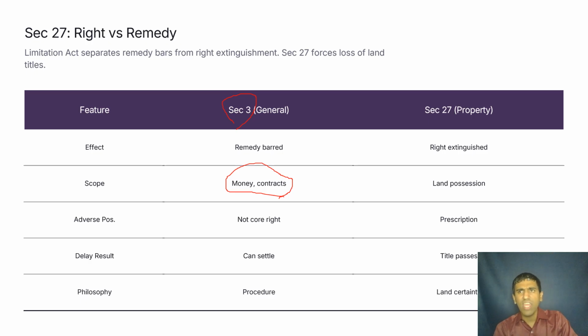Under section 3 adverse possession is not a core right, meaning that if you have a right to anything and the other party has taken adverse possession of said matter against your will, you can still have your right to that subject matter enforced against the other party.